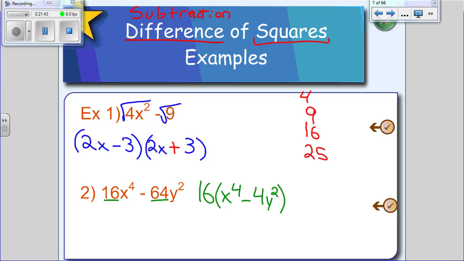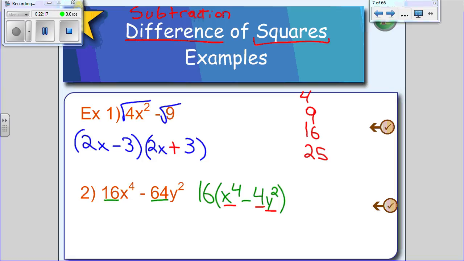Well, do we have a subtraction symbol? Definitely. So that's the first thing we needed. The second thing was, do we have perfect square numbers? And in this case, we do, because 4 is a perfect square number. Do you have perfect square variables, meaning that you have even exponents on each variable? You definitely do. x to the 4, y squared. That means we have a difference of squares. So we can factor it by using the difference of squares method.